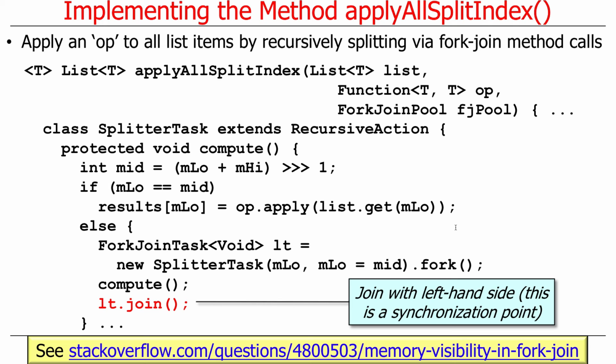It's like a barrier synchronizer that says, wait until the compute is done for the left-hand side that was forked off. And then when it's done, it continues on its way. And this is also known as something called a synchronization point. This will make sure that the memory that's cached in the different cores is properly pushed out to be correct with respect to the results array. So it's got the right values in the results array.